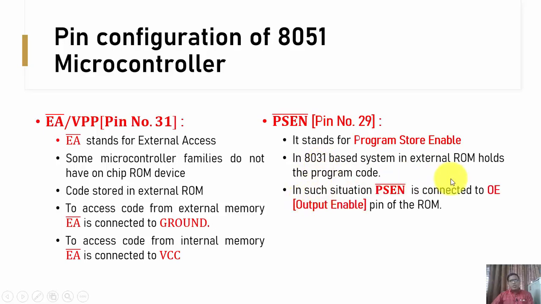So in such a situation, to access external memory, this PSEN bar, that is the Program Store Enable pin of the 8051 microcontroller, is connected to the output enable pin of the external memory. So in this way, whatever data we are going to access from this external memory is enabled.